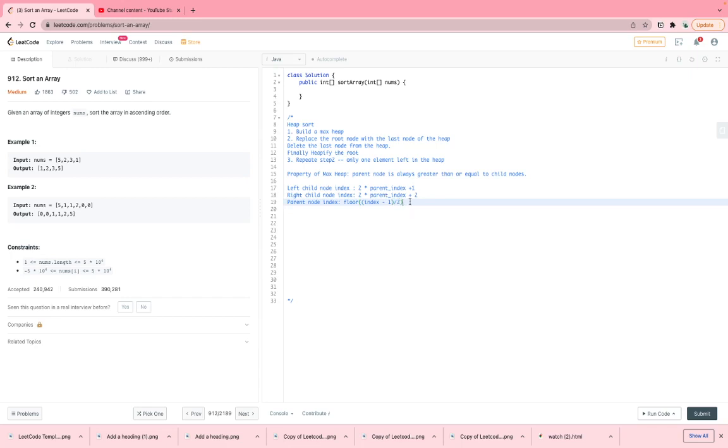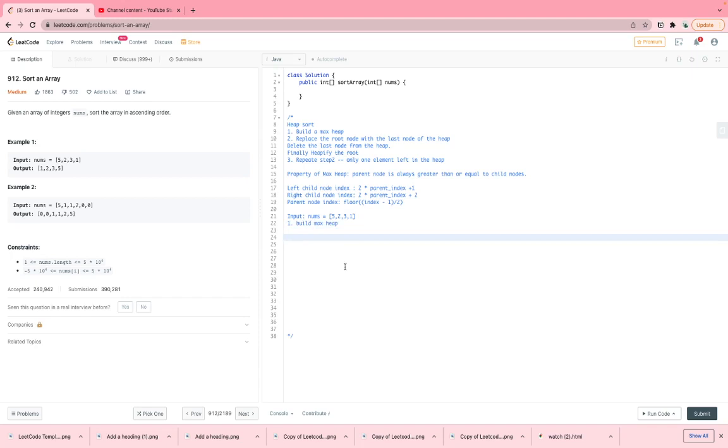Now we are going to use this example. First we build the max heap. How do we do that?